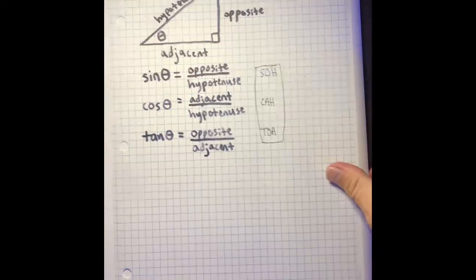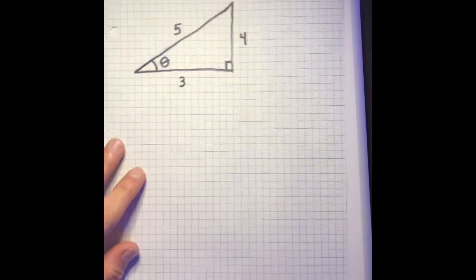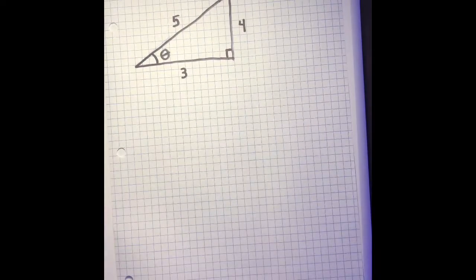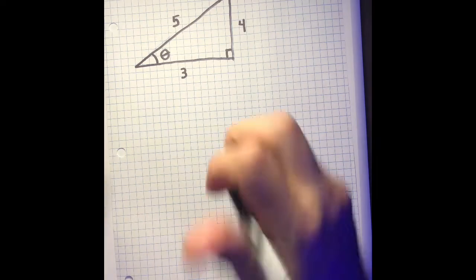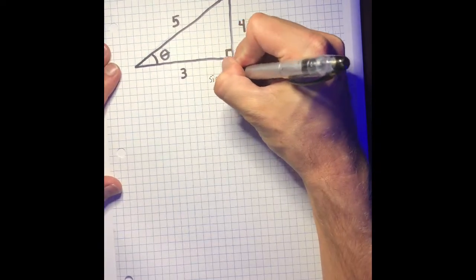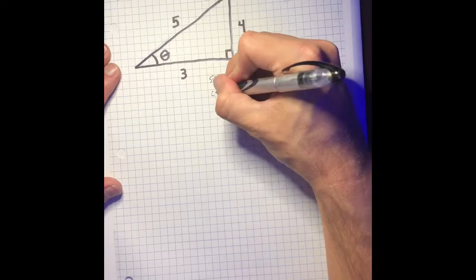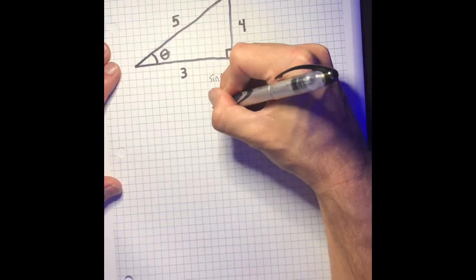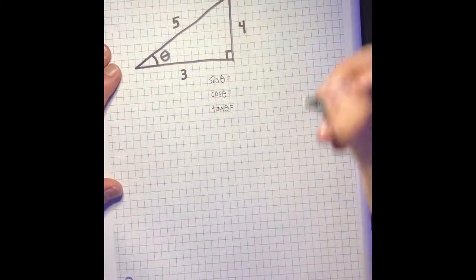So let's look at a quick example. We have a 3, 4, 5 Pythagorean triple right here. So what is the sine of theta, the cosine of theta, and the tangent of theta?